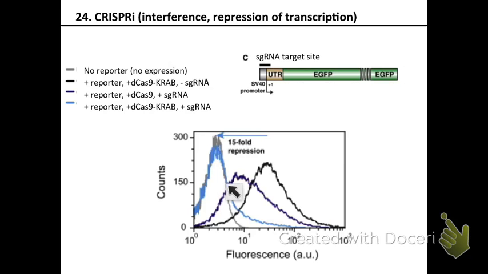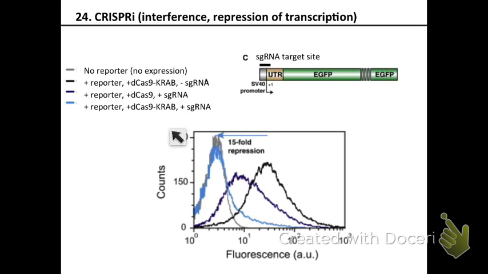Then if you put the reporter construct and the dCas9, but you don't provide any guide RNA, the Cas9 is not going to be able to bind to the guide RNA. Then you see high expression from the construct because you have a strong promoter here on its own supporting the high expression of the EGFP, and that's what you see in the black line here. So you have a higher fluorescence signal when you have the reporter.